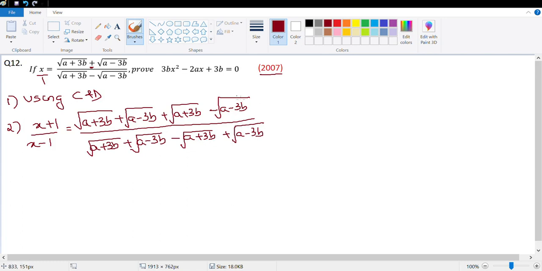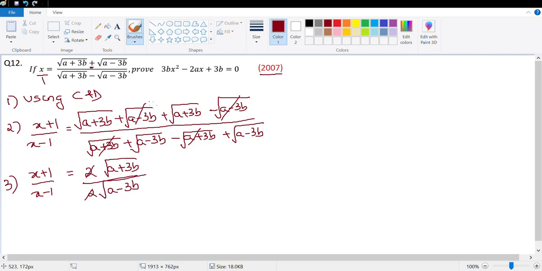This term gets cancelled, this term gets cancelled. So what we have is x plus 1 upon x minus 1 is equal to 2 times the square root of a plus 3b upon 2 times the square root of a minus 3b. 2 and 2 gets cancelled.